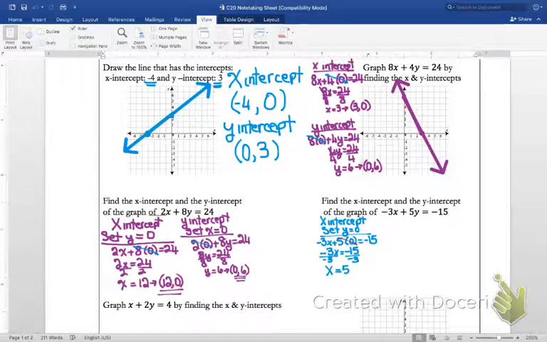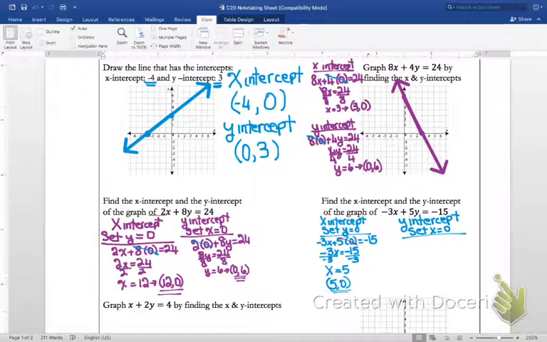Now be careful on this one because there's lots of negatives. So don't drop your negatives. Be bold with those. Write them down. But remember, it's not x equals 5. It is an ordered pair where x is 5 when y is 0.